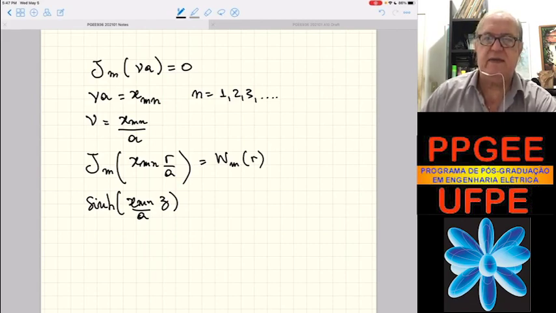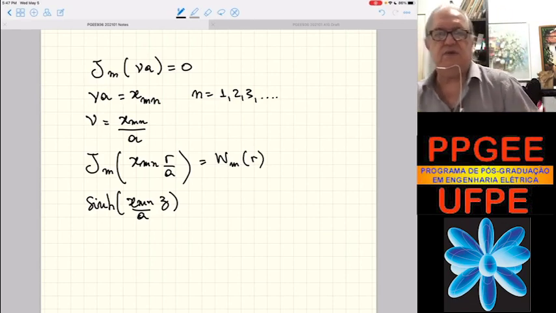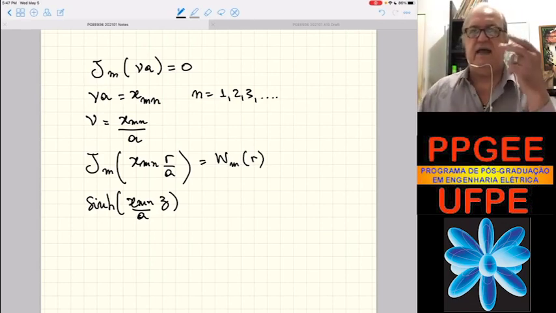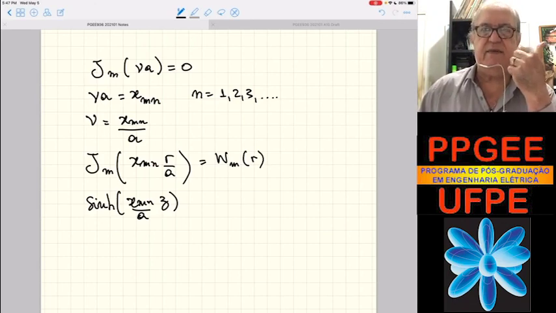The solutions have two indices, m and n.